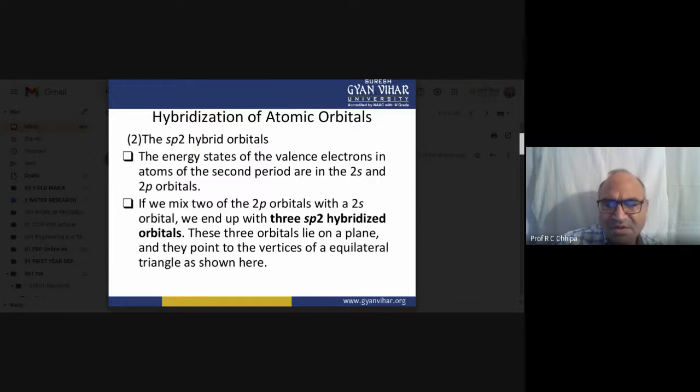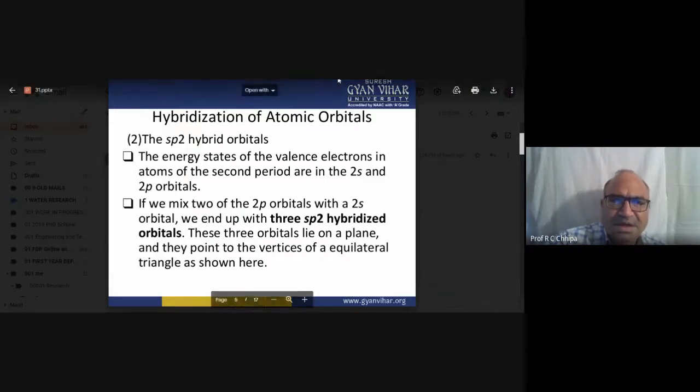The two carbon atoms are tetravalent in nature. So each carbon atom is tetravalent. Ethylene is C2H4, two carbon and four hydrogen. Carbon undergoes the process of sp2 hybridization, where one s atomic orbital mixes with the 2px and 2py atomic orbitals.